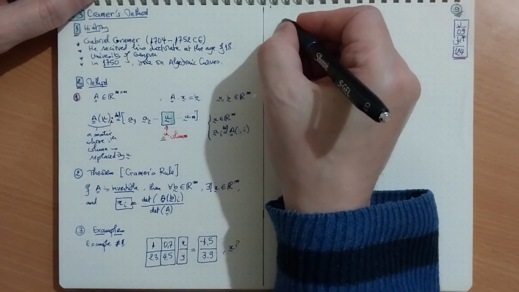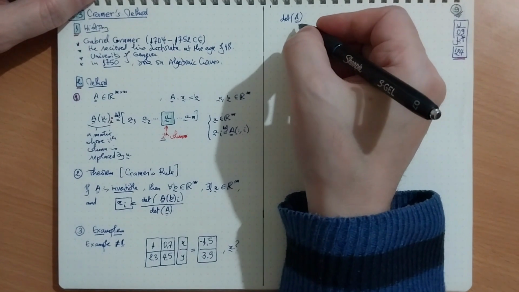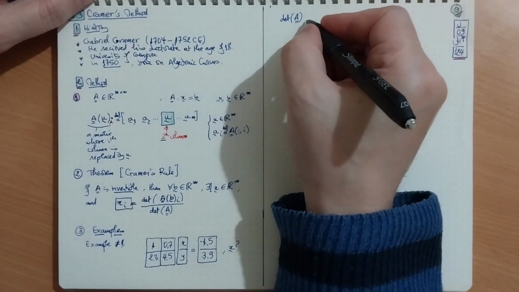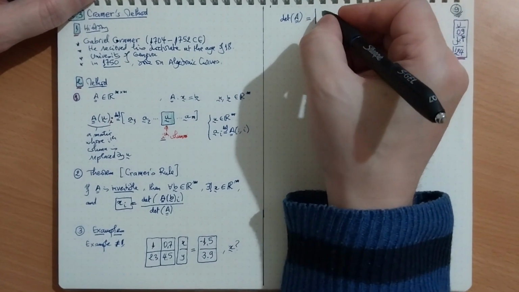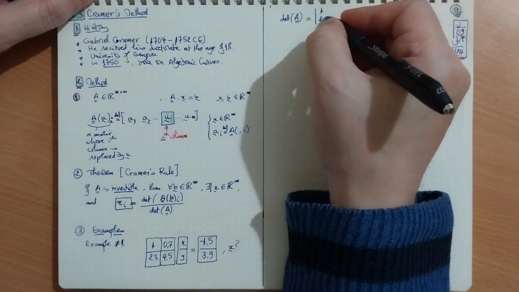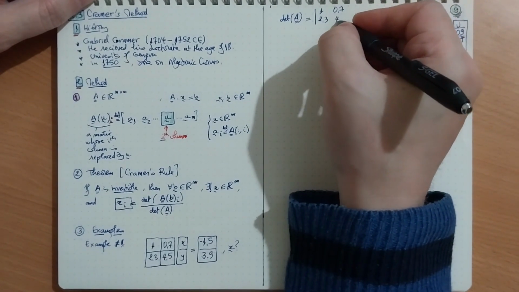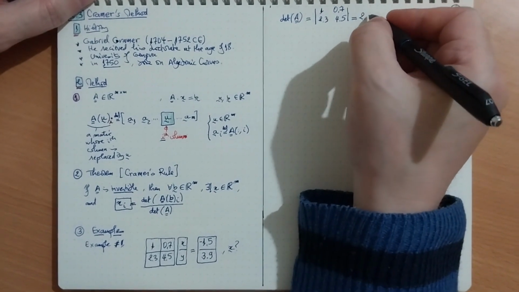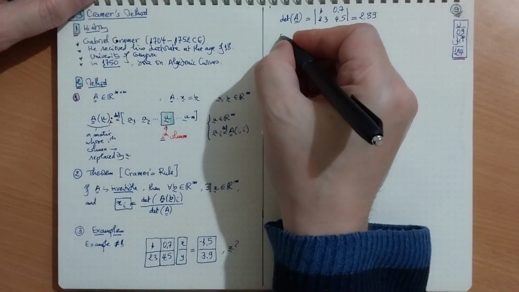So the first determinant is of the matrix A. We have already calculated it in the previous section, and we found it equal to 2.89.